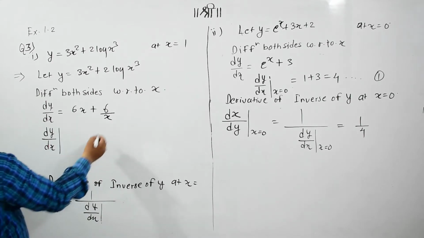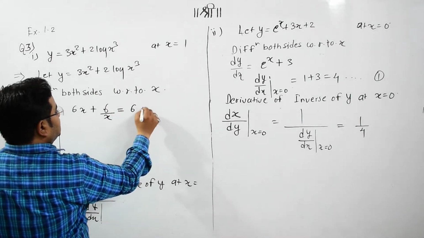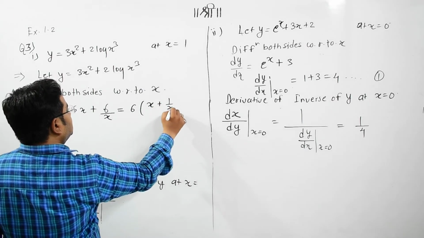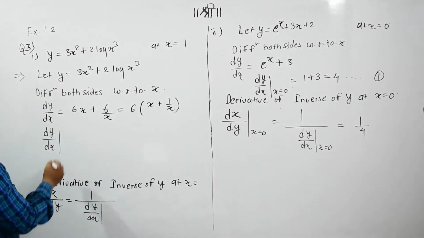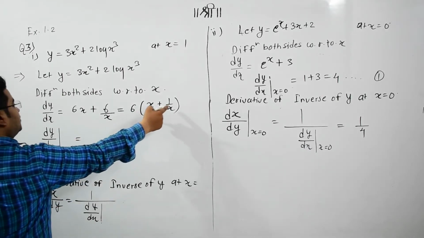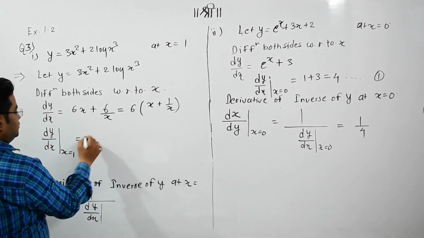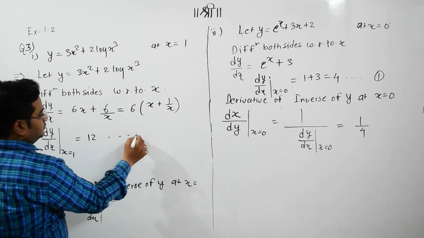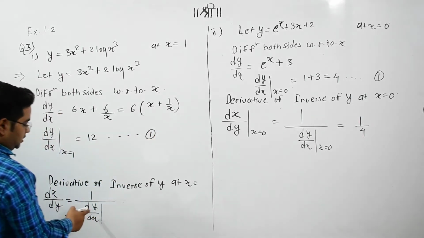Now, we can take the 6 common. Taking 6 common, what remains in the bracket? x plus 1 upon x. Now substitute the value at x equal to 1. 1 plus 1 will be 2, and 2 into 6 will be 12. Twelve only. Now this is the value which we would like to substitute in this equation.